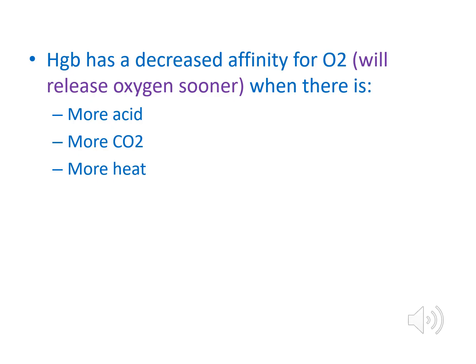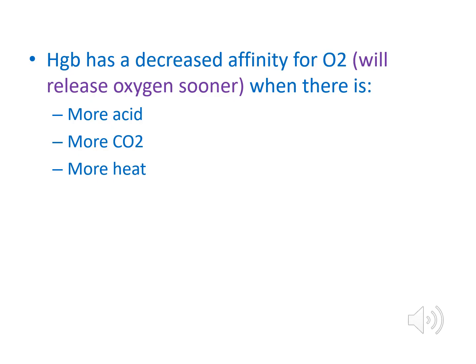Hemoglobin will release oxygen sooner when there's more acid present, more carbon dioxide, and more heat. And the reason why is because acid, carbon dioxide, and heat are all byproducts of metabolism, right? When cells burn fuel using oxygen to produce ATP, the waste products are acid, carbon dioxide, and heat.